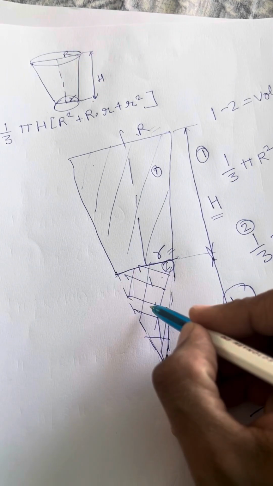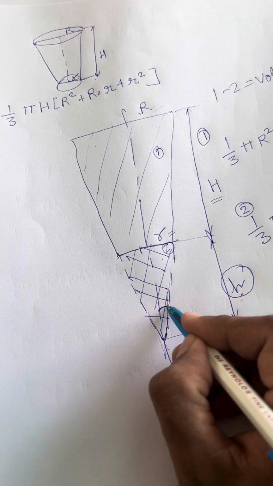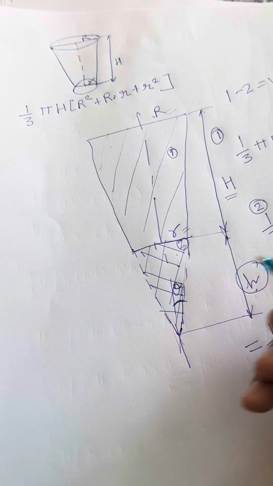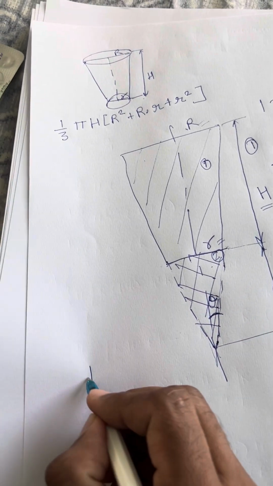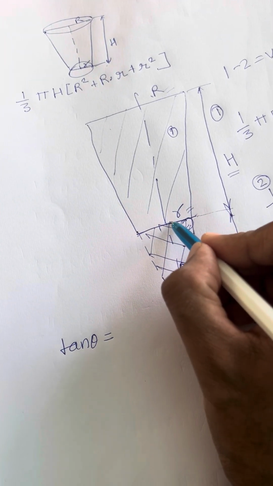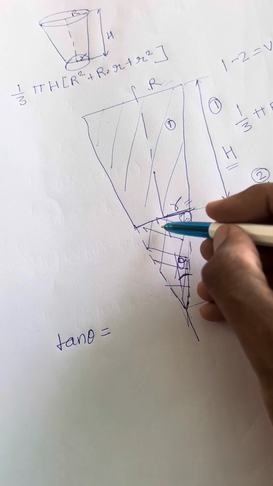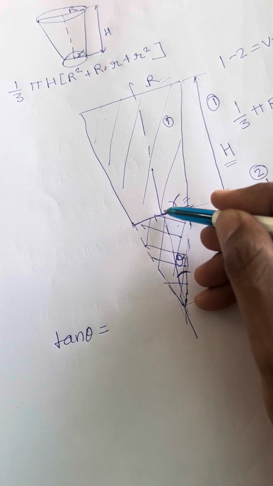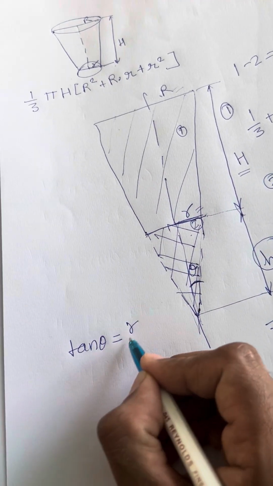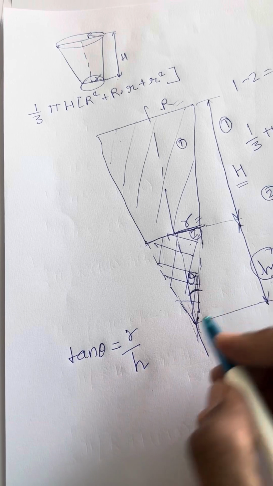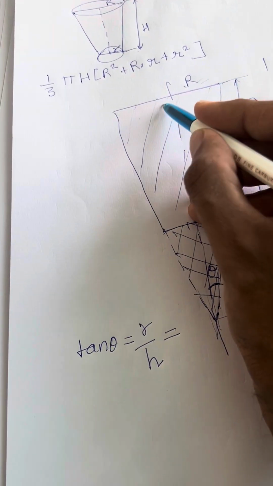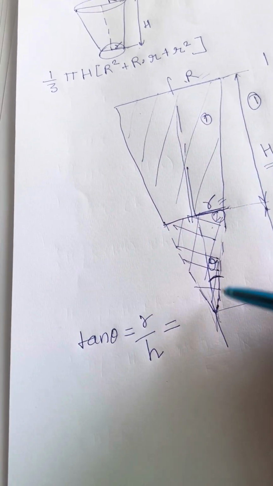Let's explore our trigonometry. What basic trigonometric rules? Let me define this with an angle called theta. So tan theta, if I look at it, is this R by H, right? I can define tan theta as R by H, which is also the same as r by h.